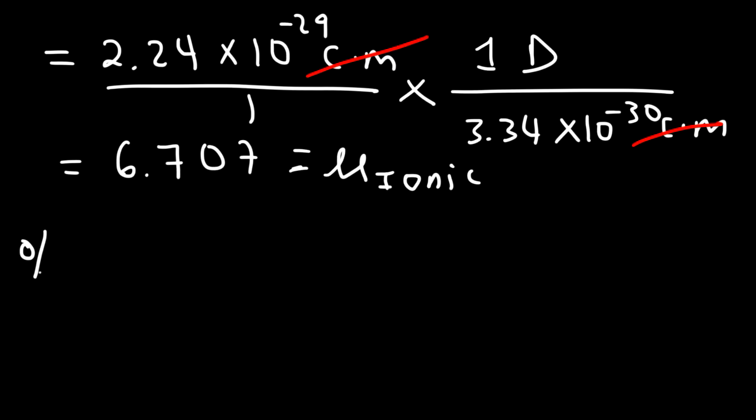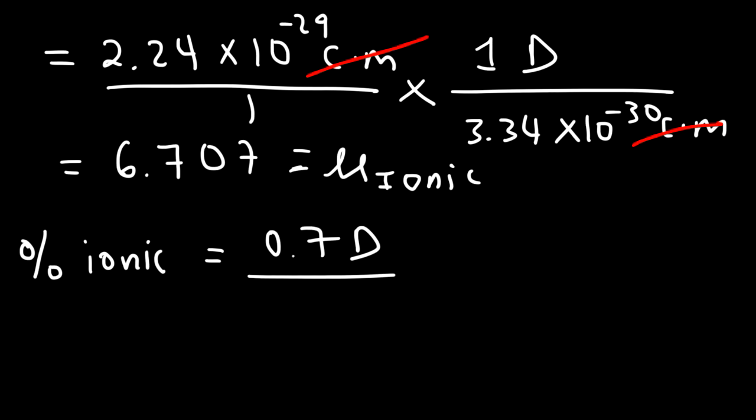Now let's calculate the percent ionic character. So it's going to be the experimentally observed dipole moment, which we said was 0.7 debye, divided by the dipole moment if they were purely ionic, and that's 6.707 debye, times 100%.